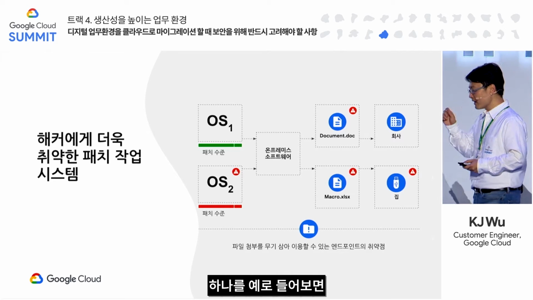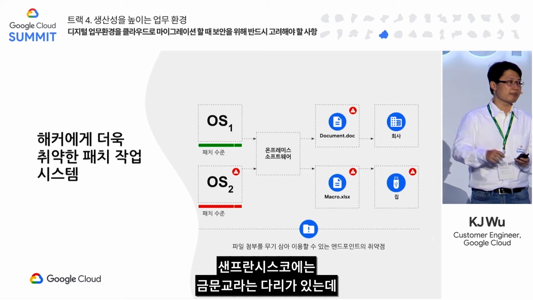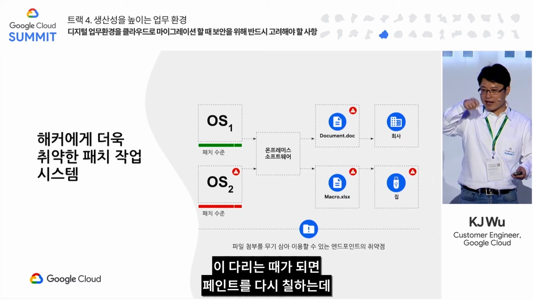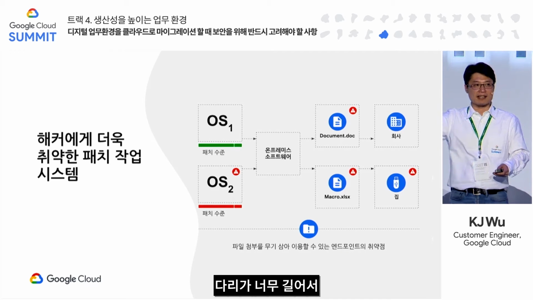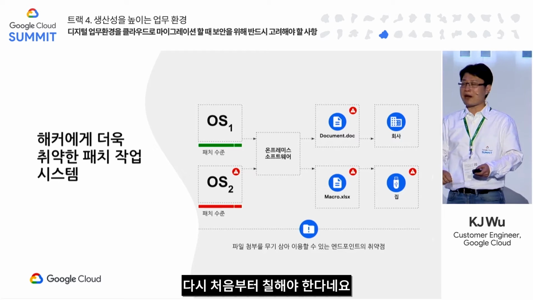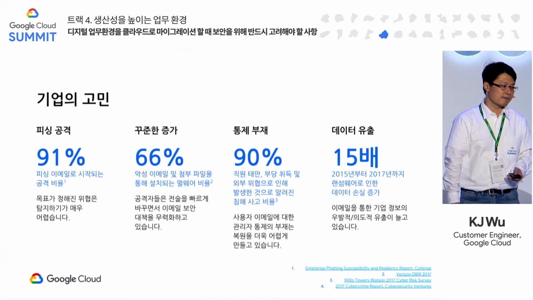It's just like painting the Golden Gate Bridge in San Francisco. Because it's so long, when you finish painting, another cycle begins and you need to restart. So this is a painful and long process.